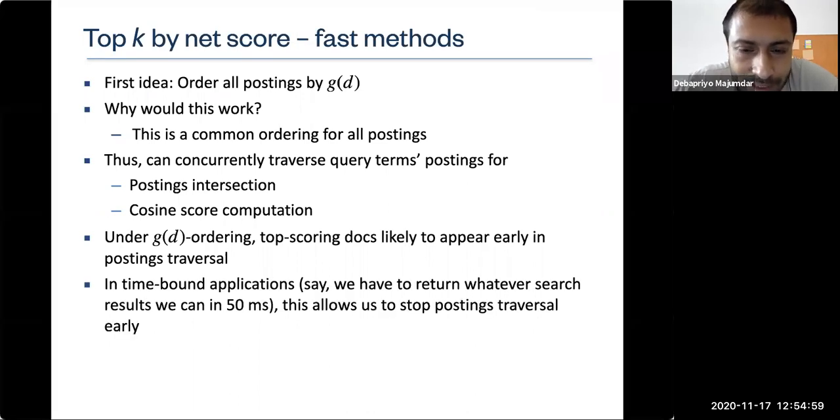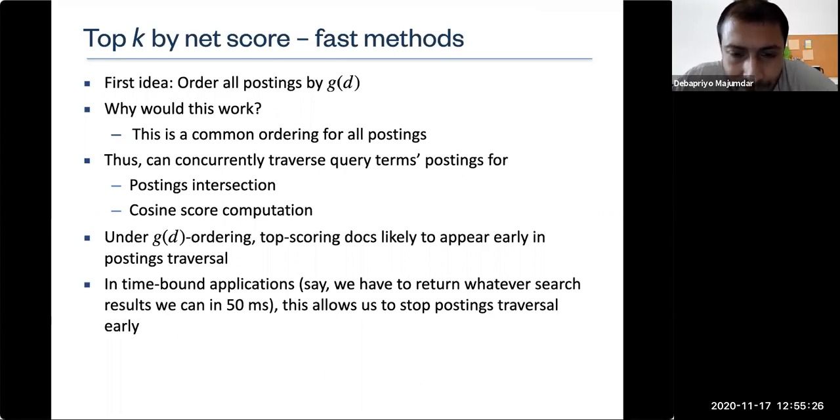So in time bound applications, say if we have to return search results in 50 milliseconds, this allows us to stop posting traversal early. That means you have your full posting lists, not like champion lists, but ordered differently with high scored, high PageRank documents first. Then you go through them up to a certain extent, and then you simply stop.